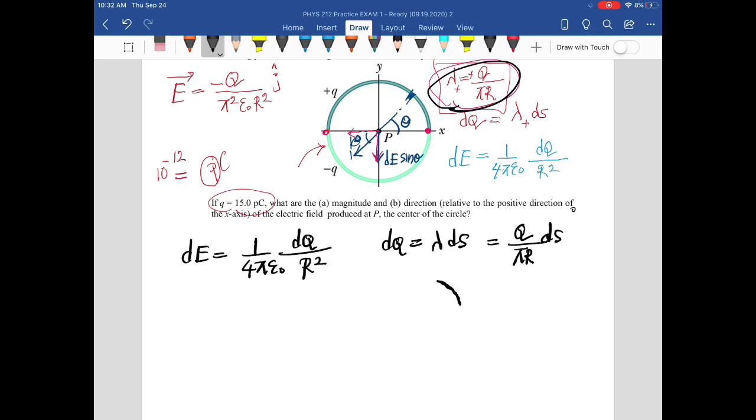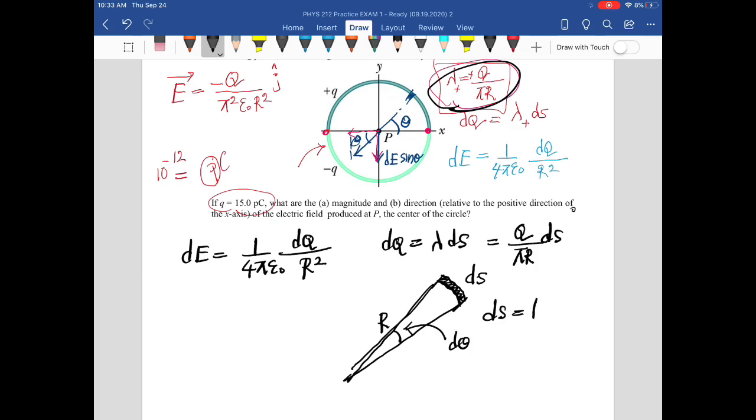Now ds is the small segment, the elemental charge we consider on the charged rod. The arc length is ds, r is the radius, and let's take d theta as the angle subtended by the small segment ds.